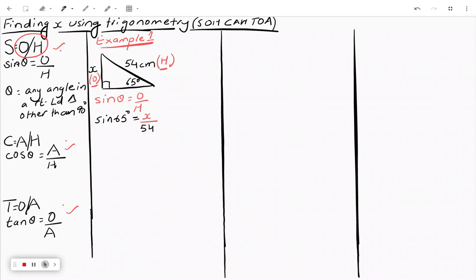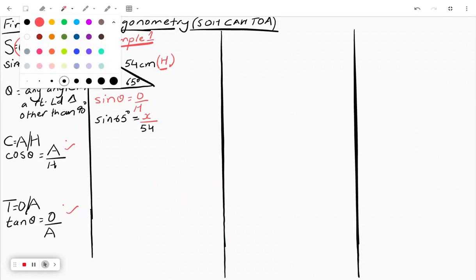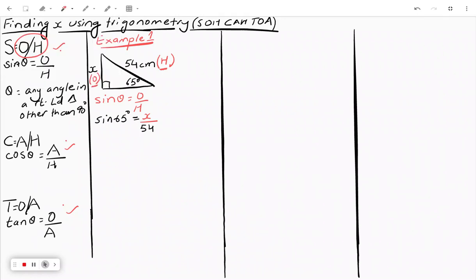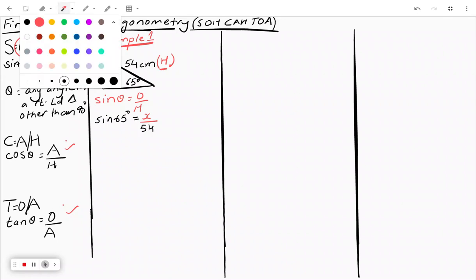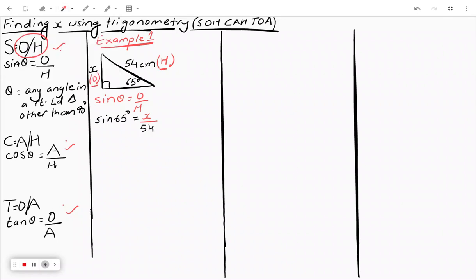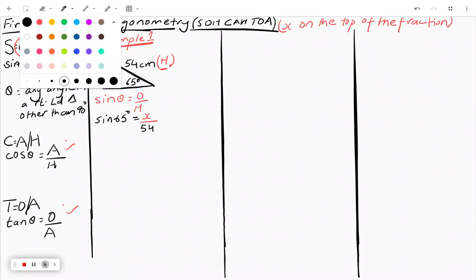So let's just say finding x using trig ratios when x is on the top of the fraction. There we go. So we are ready to get back to our question now.